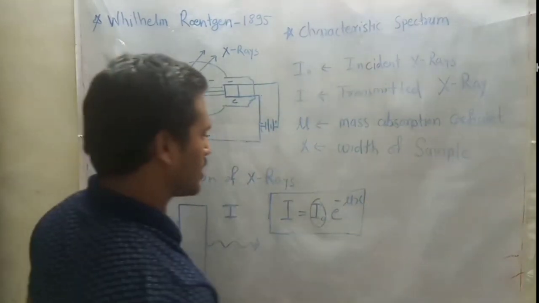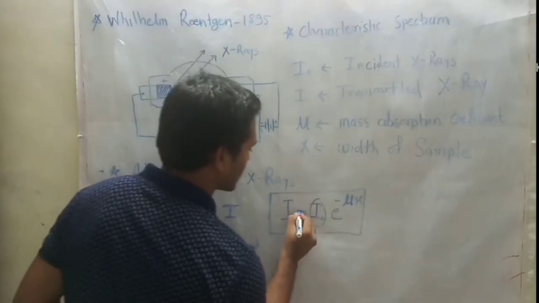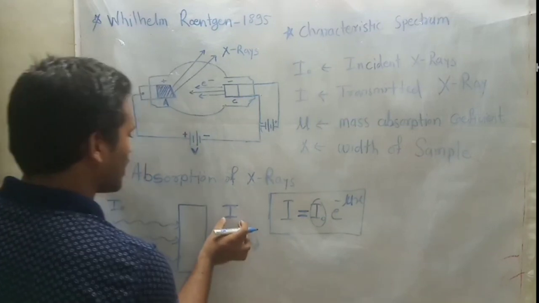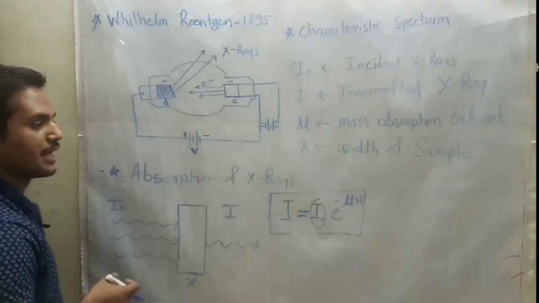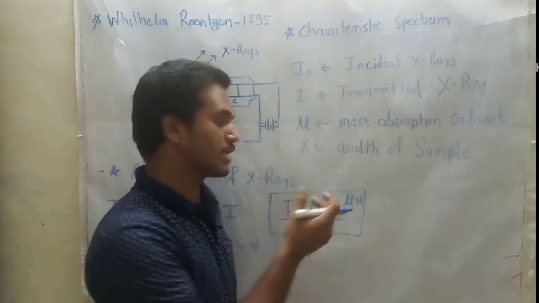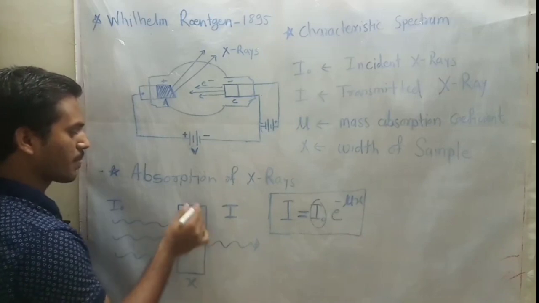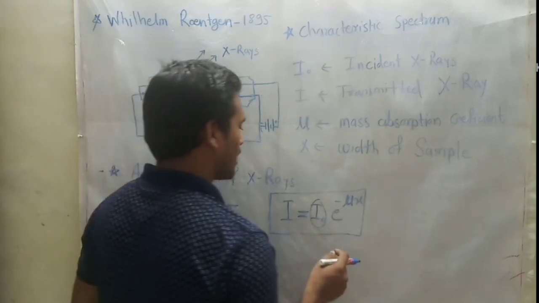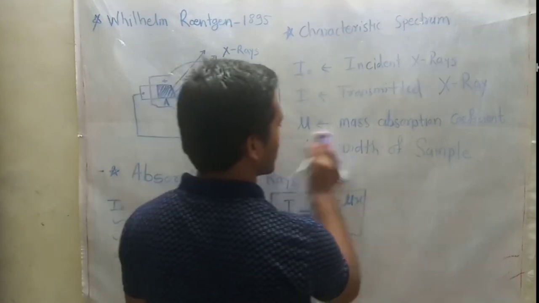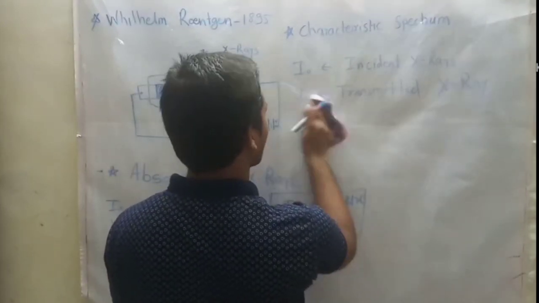If the question is like this: the transmitted X-rays are half of the initial X-rays, find the thickness, and the mass absorption coefficient is given for the particular sample. In this condition we can calculate the width of the sample.